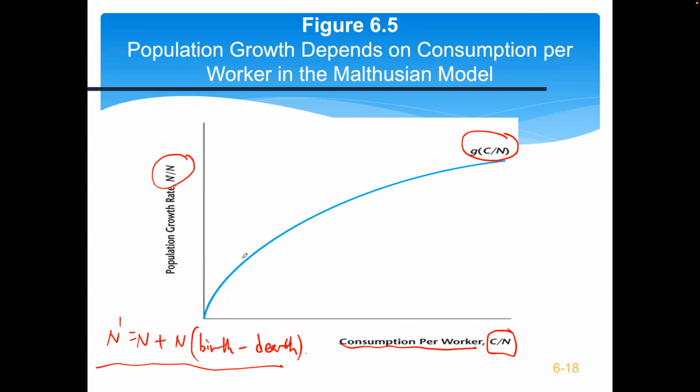G is going to be an increasing function. The more food you have, like we just discussed, the birth rate will increase and the death rate is going to decline. But this curve, similar to the production function we have seen before, is concave. How do we understand this concavity?